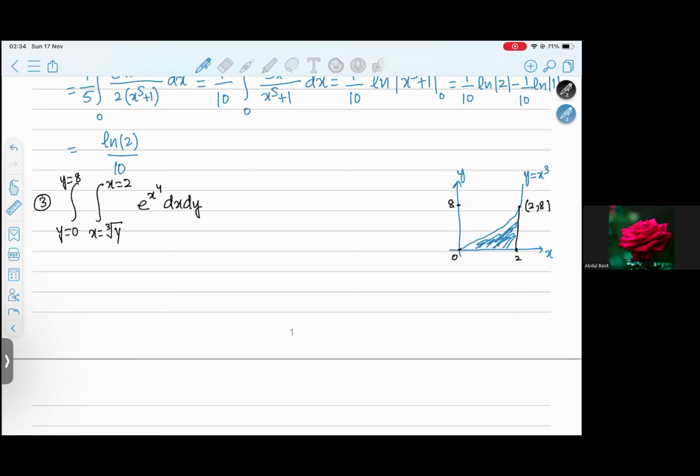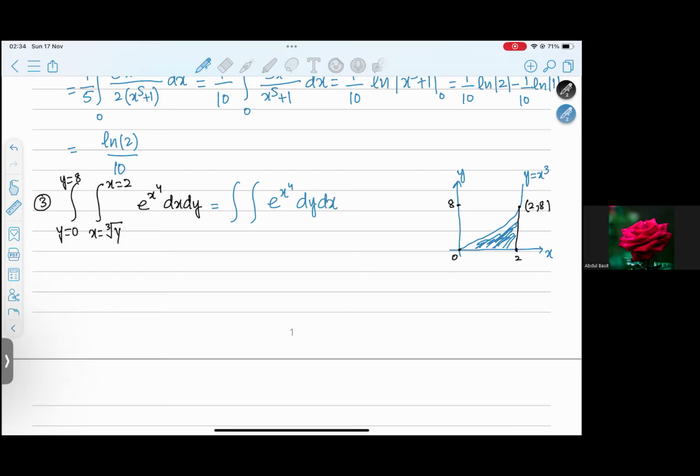So the region on which we are evaluating this integral is this one, right? I can just change the order of integration. I can write this integral as e to the power x power 4 dy dx.